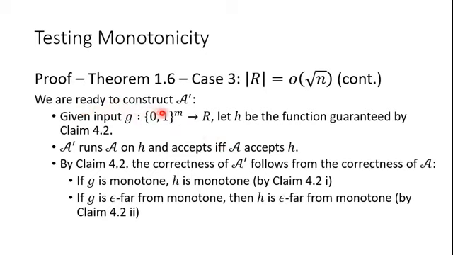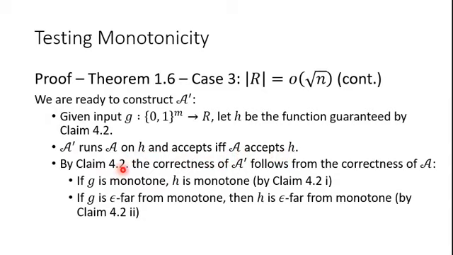So we are now ready to construct A prime. Given input g from {0,1}^m to R, this is the input for case 2 that we are reducing from, let h be the function guaranteed by claim 4.2. So A prime will run A on h and accept if and only if A accepts h.